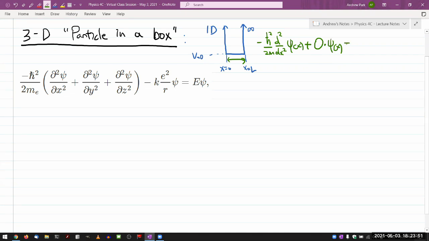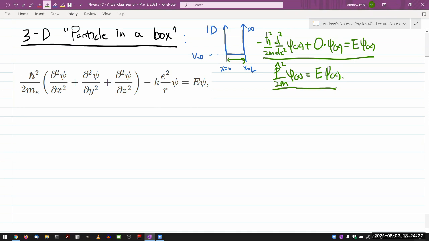And that's equal to, for the stationary solutions or energy eigenstates, an energy eigenvalue times the function itself. You could also write this in operator form: momentum squared over 2m psi of x is equal to energy, not an operator, for this time-independent Schrodinger equation, times psi of x. So this is what you have seen in chapter 7.